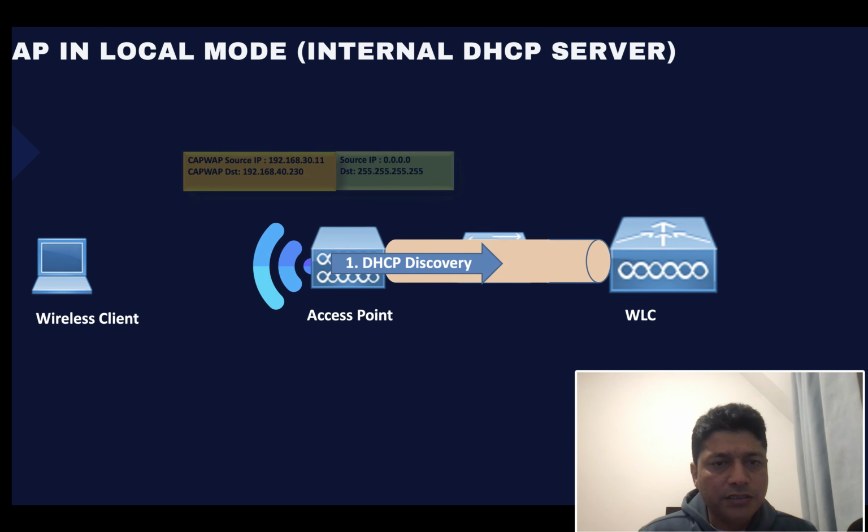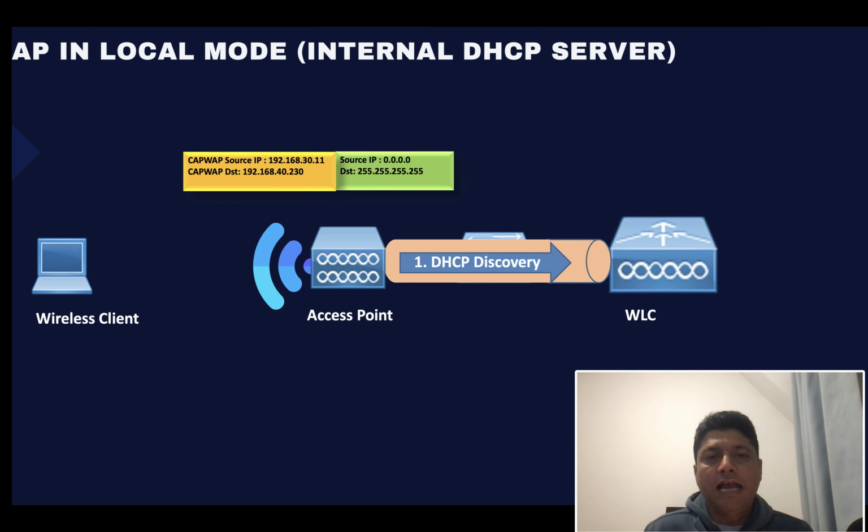When it hits the access point, which in my case is configured in local mode, the access point would encapsulate that original discovery packet in a CAPWAP tunnel with the source IP address 30.11 as the outer header, which is my CAPWAP header, and the destination is my controller IP address, which in my lab is 40.230.